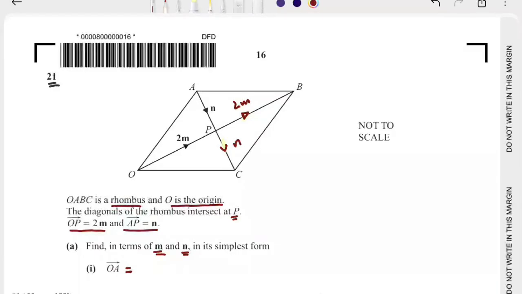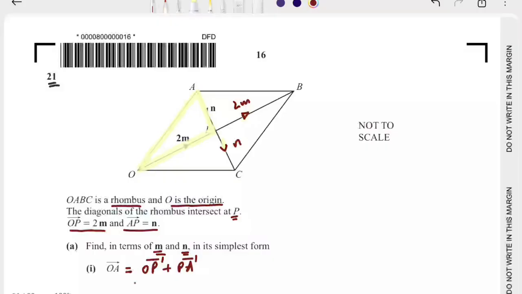So we have to make a suitable path, and that would be OP and PA. So OA is equal to OP plus PA.